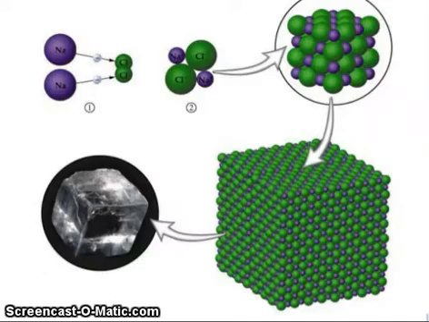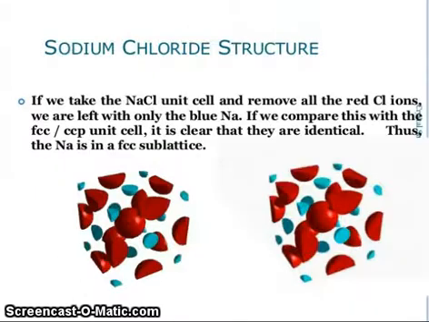Now you can see sodium and chlorine, how chlorine size is big in comparison to sodium and how it is making the crystal. So if we take the sodium chloride unit cell and remove all the red chlorine ions, you can see in this figure, we are left with only the blue sodium.